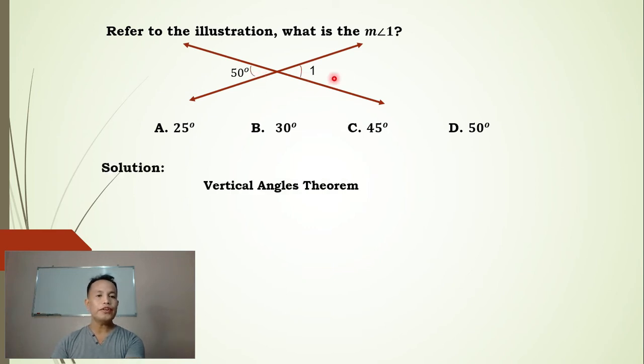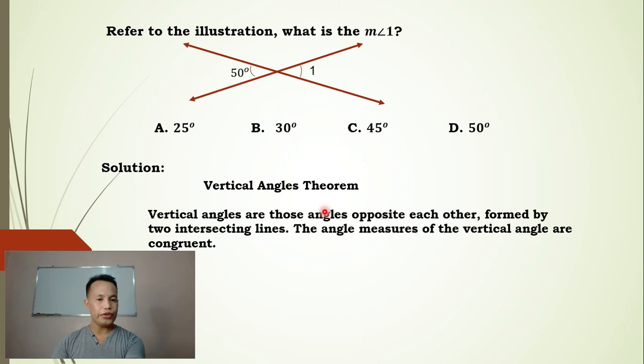Now, since these are vertical angles, when we say vertical angles, these are angles opposite each other that are formed by two intersecting lines. This angle is vertical to this angle, and at the same time, this angle here is also vertical to this angle. According to the vertical angle theorem, we have angle 1 and the opposite angle, which measures 50 degrees.